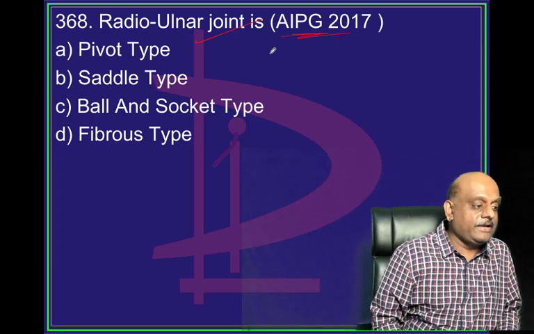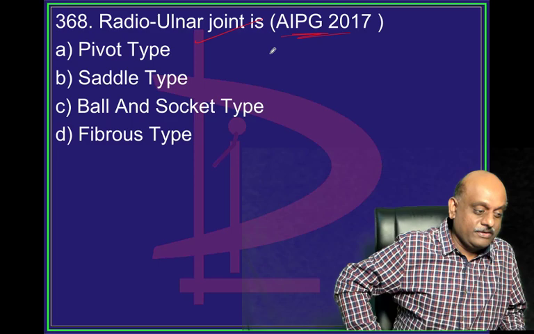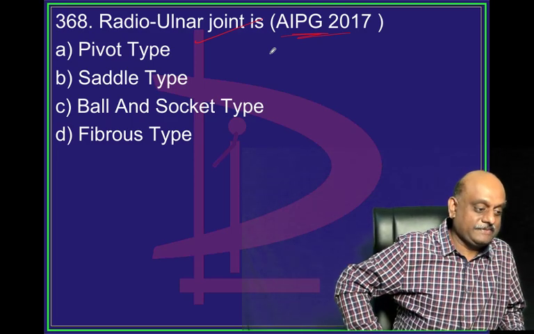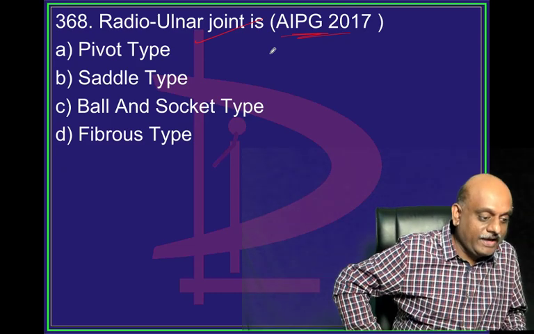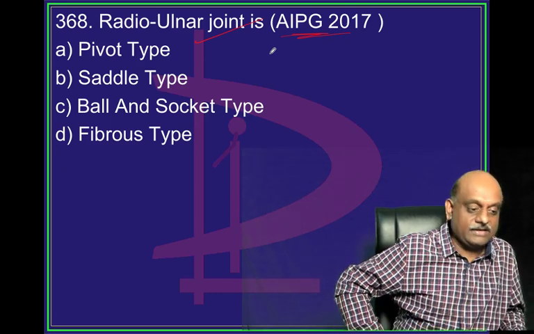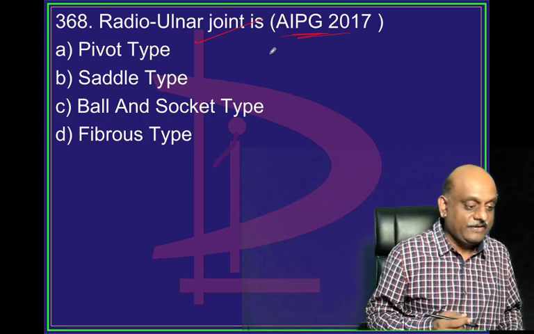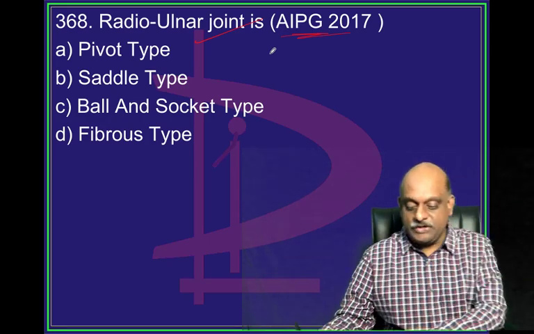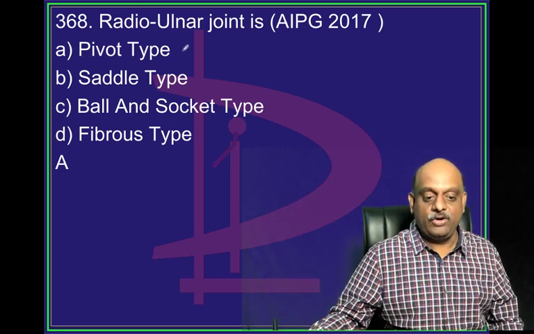Radio-ulnar joint is what type of joint? Shoot your answer. Dharmendra Singh Sisodia and Satya are saying fibrous type of joint. Vivek Kumar also says fibrous type. Anna says a pivot type of joint.